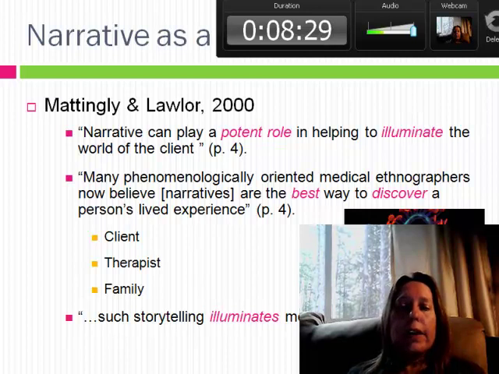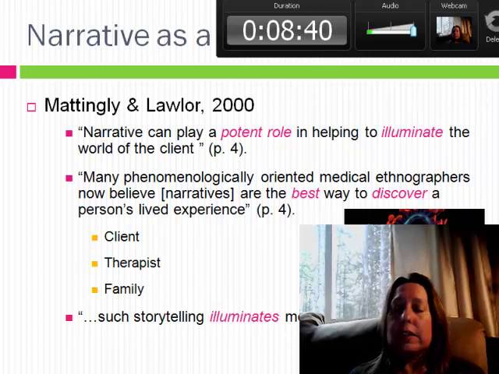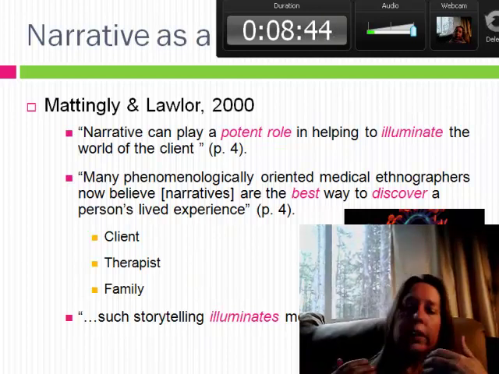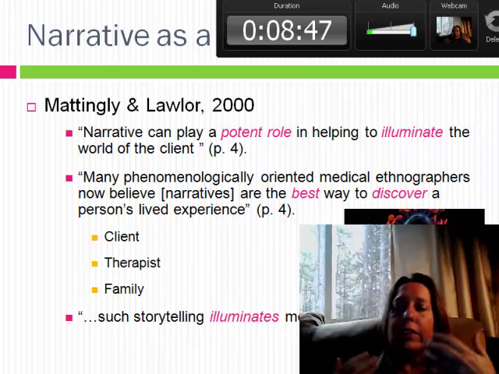And then they also tell us that many phenomenologically oriented medical ethnographers believe currently that narratives are the best way to discover a person's lived experience. I didn't say, to find important facts about it or to understand it even. They said discover, which is a whole other level of feeling and experience.